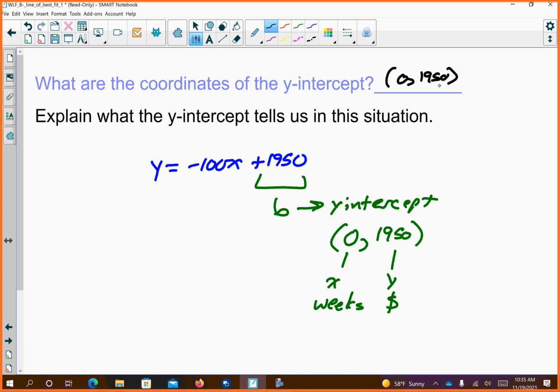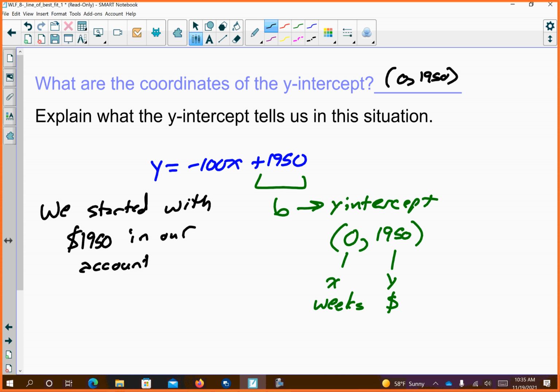In the context of this problem, because our data started at week 2, this means we started with $1,950 in our account. Now notice the 1950 is not in our given data.